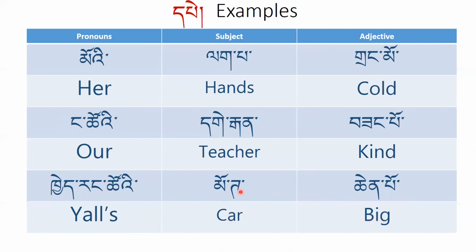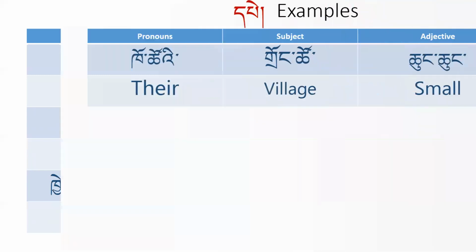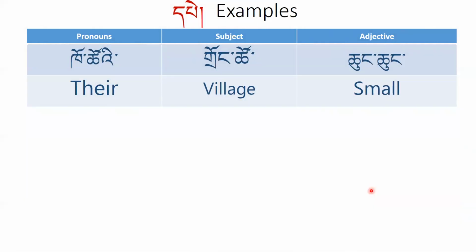Kiransu moja, your big car. And let's look at there. Kotsu, there, kotsu dzongchung, small village, there, small village.